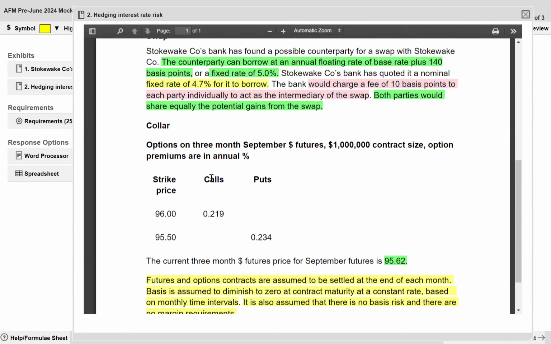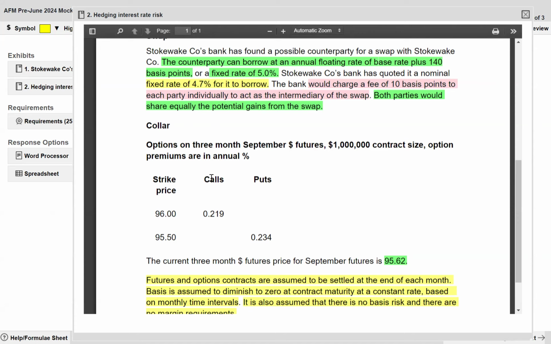Now, remember we said the collar means that you have to sell and buy at the same time. But before you do that, you need to first of all realize if you are just going to use an option, what would you do? Would you buy or would you sell? And would you buy puts, or would you buy calls?